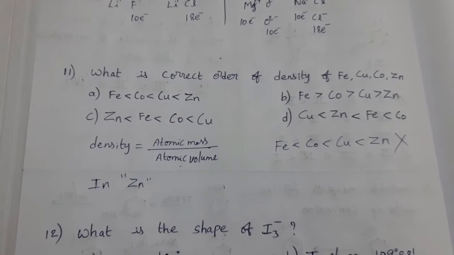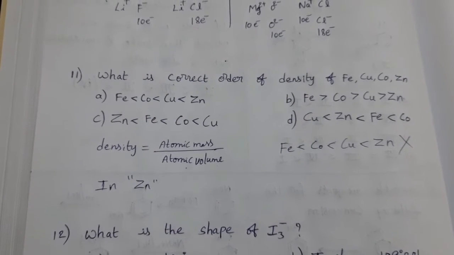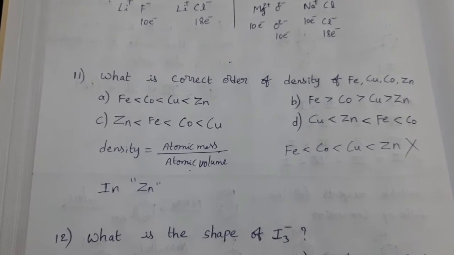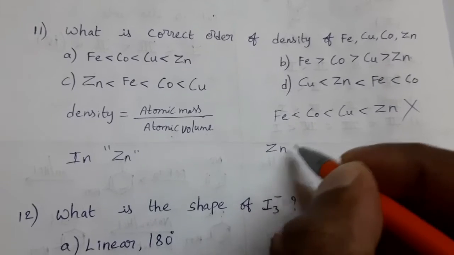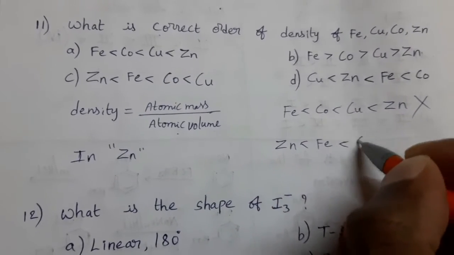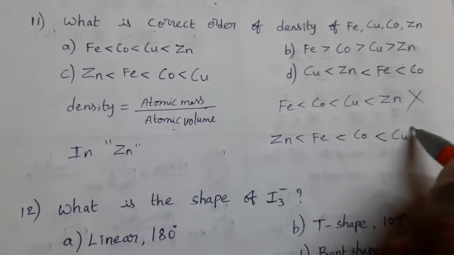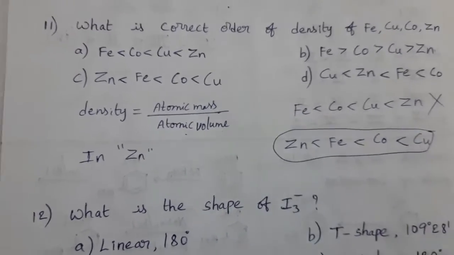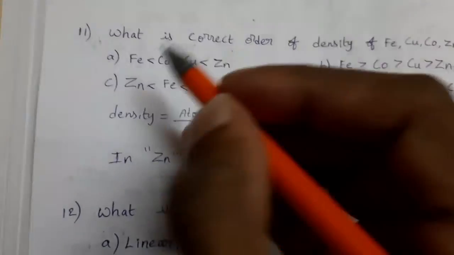That means density of zinc is lower than the remaining three elements in this set. So the correct density order is zinc less than Fe less than cobalt less than copper. This is the density order. Then what is the option? Option C is the answer.